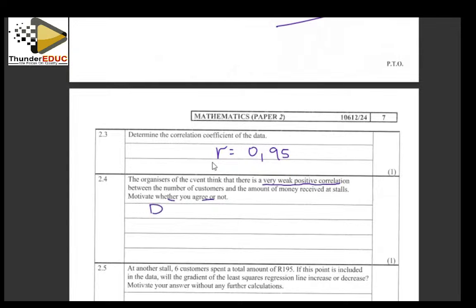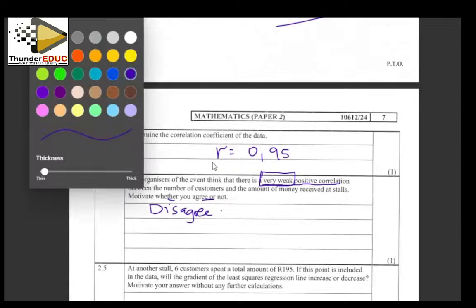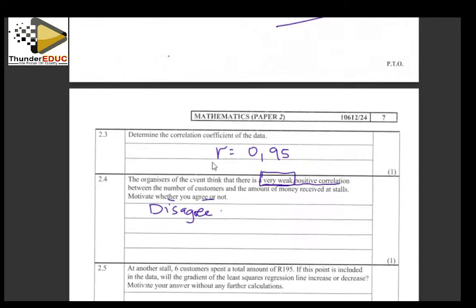Okay, number 1, I will disagree with the fact that this weak definition is wrong. When I look at the correlation coefficient of 0,95, this is a very high positive, or it's a very strong positive correlation. Say agree or disagree.